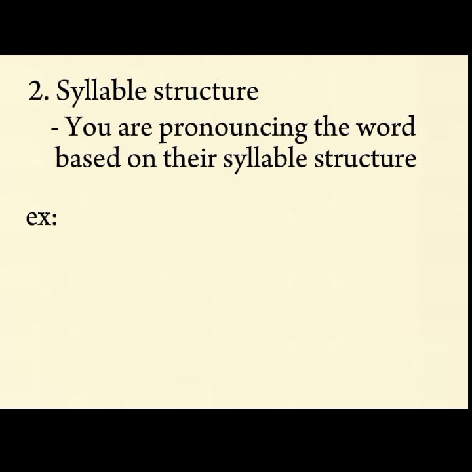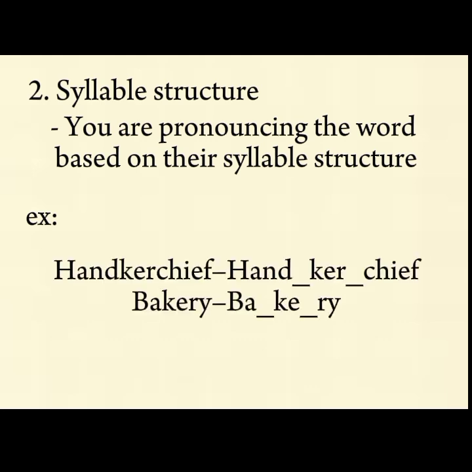Other examples are words divided into their component syllables, like handkerchief, bakery. We pronounce it based on their syllables, diba? We say hand-ker-chief, right? So, it affects speech because not all words are pronounced based on their syllables.